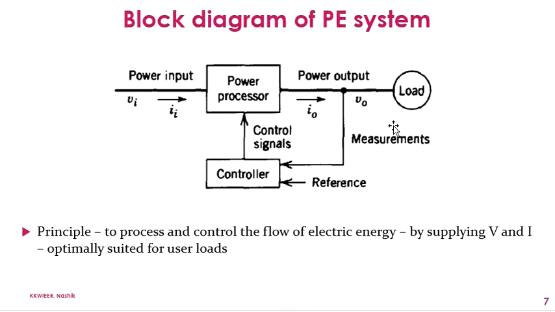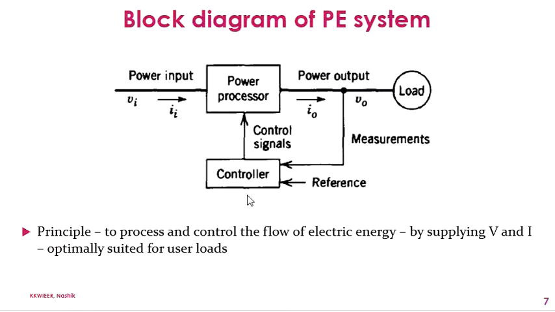The processed output, it may be voltage, current, frequency or number of phases, which is desired by the load, is denoted as V0 in this diagram. So Vi and Ii are the input signals, whereas I0 and V0 are the output signals.